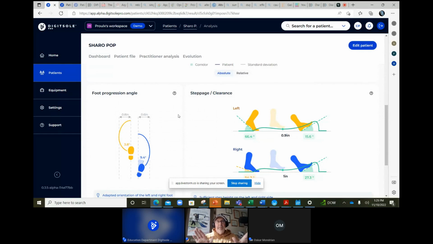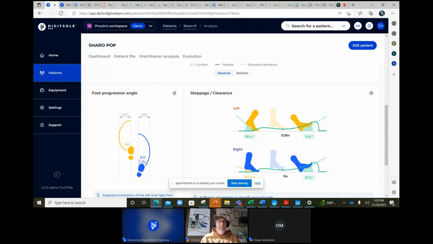Even static posture positioning is shown to have a toe out position of somewhere between 8 and 10 degrees. It's usually a little bit less during gait because during dynamics we're trying to stay a little bit closer to that mid sagittal point to maintain balance. So we could arguably say that she has a little too much external rotation at 9.4 degrees.